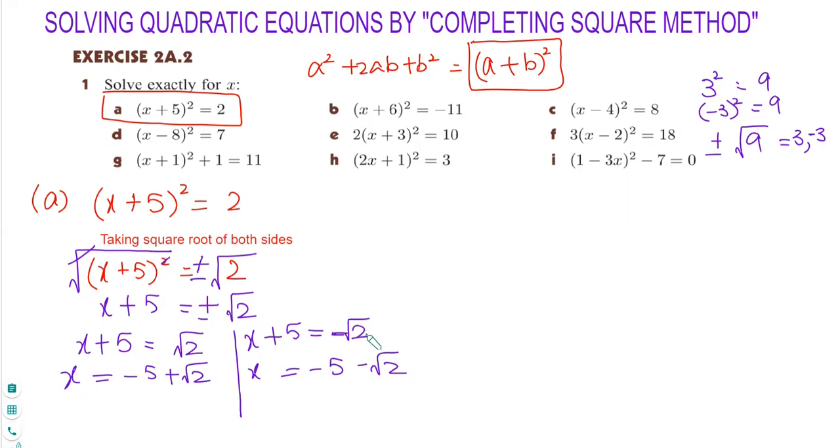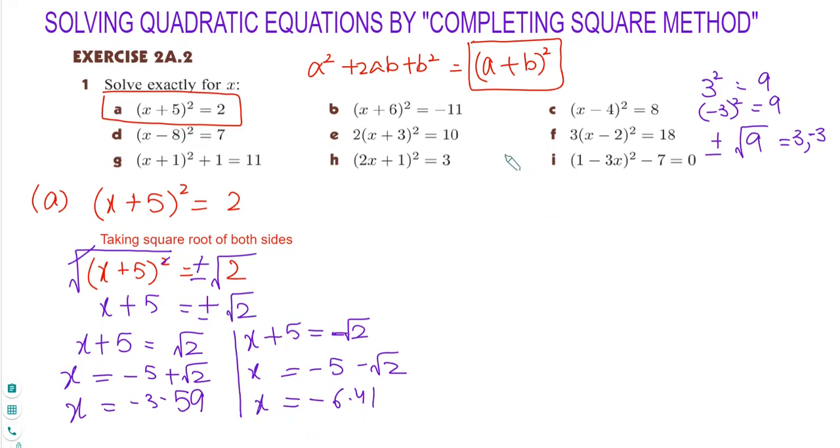Negative 5 plus square root 2, my answer is negative 3.59 in 3 significant figures. And similarly, negative 5 minus square root 2, another answer is negative 6.41. So these are the two roots of the quadratic equation, and you can see both roots are in decimal form. That's why this question cannot be solved by using the factorization method, right?